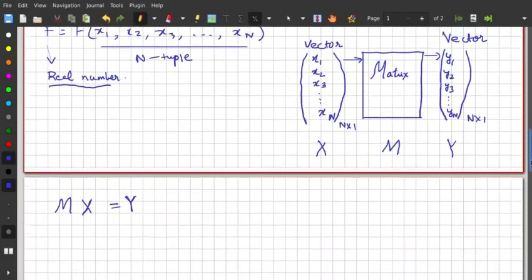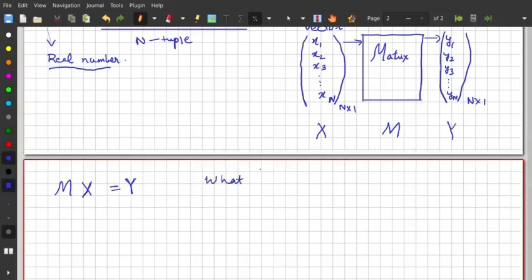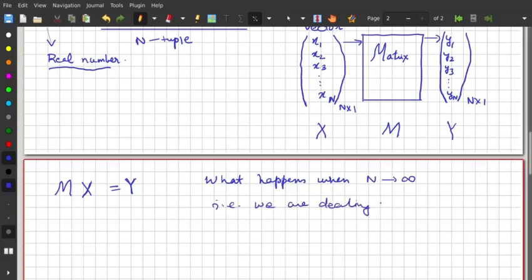And if we continue this generalization further, we come to a realization. Let's ask the question, what happens when n goes to infinity, that is, we are dealing with infinite dimensional vectors.